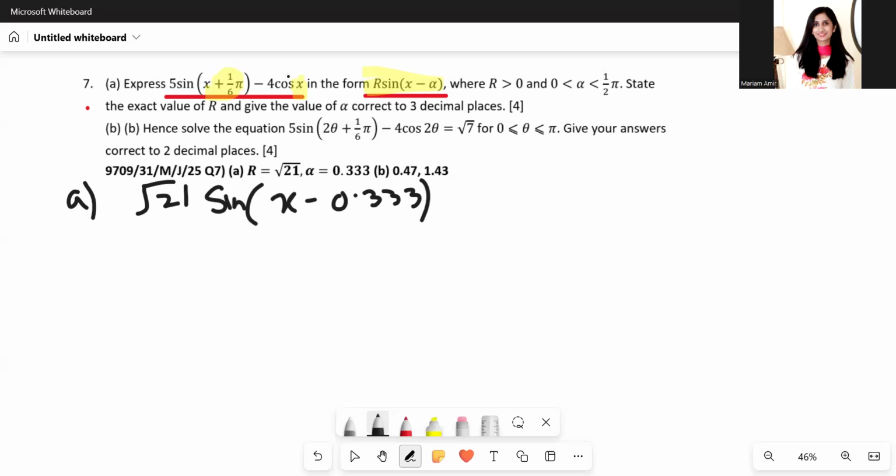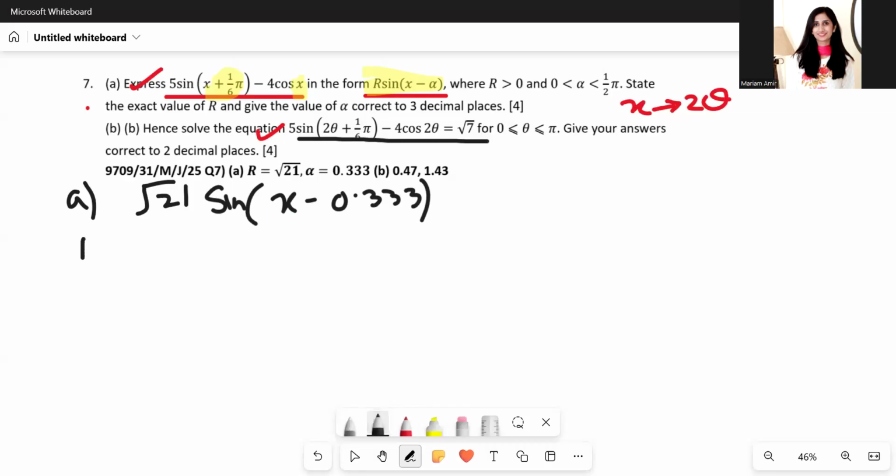Now, hence means we use this result and solve this equation. What is the difference between this equation and this expression? That is that we need to replace the x with 2 theta. X gets replaced with 2 theta. So that is what we'll do with this x. We will replace it with 2 theta.